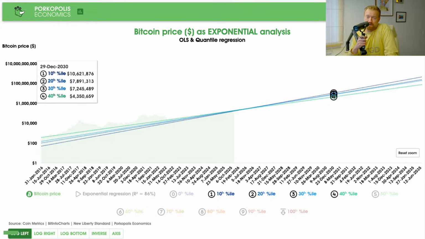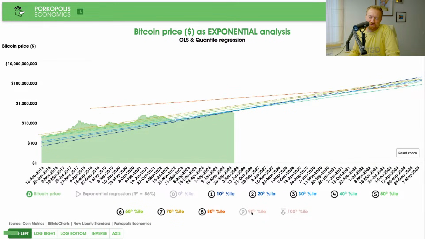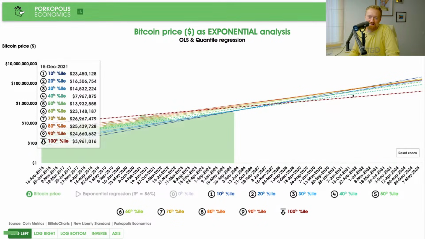That's a big gap. 10.6 million to 4.3 million. And notice how the lower percentile will give you a higher number. And then we just can confuse it by putting in all the rest. This is wackiness.